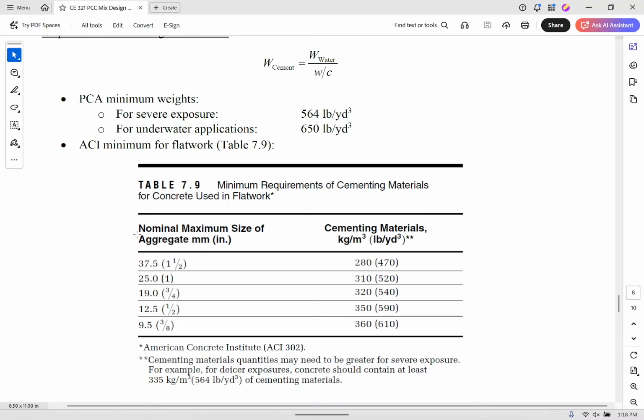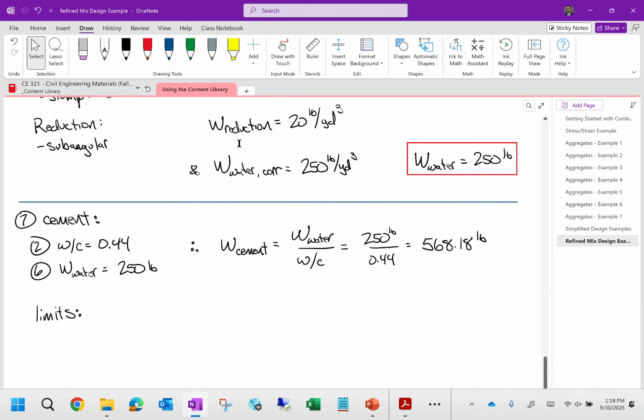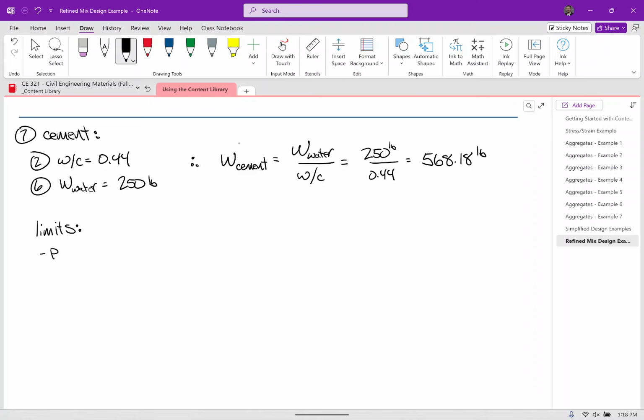So we do have from the PCA a limit of 564. And this is a minimum.